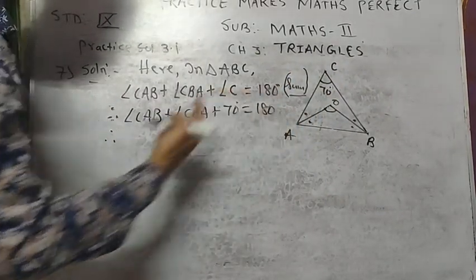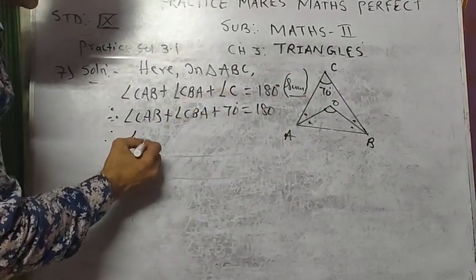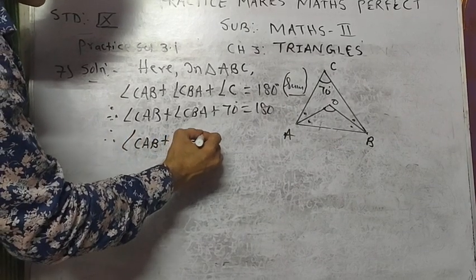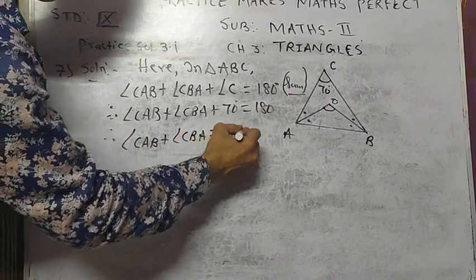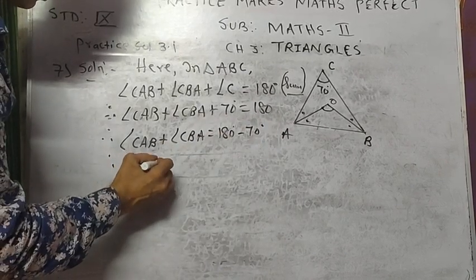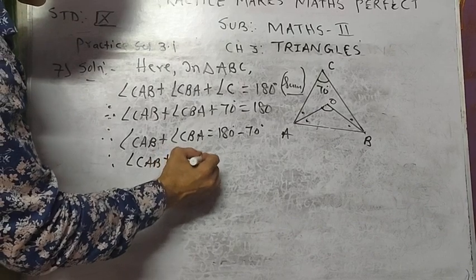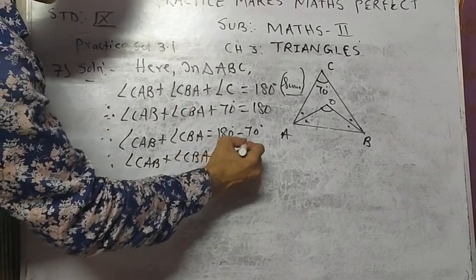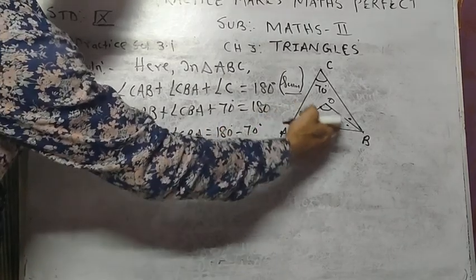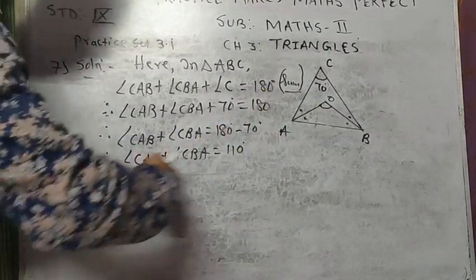Now 70 will go there, becomes minus. So angle CAB plus angle CBA is equal to 180 degrees minus 70 degrees, and therefore angle CAB plus angle CBA is equal to 110 degrees. Now since we know bisectors are there, you will multiply by half.